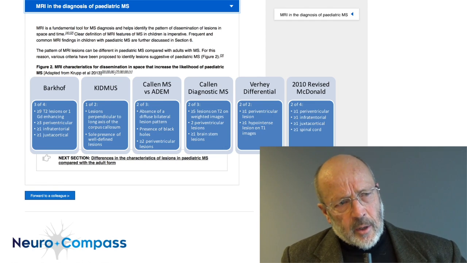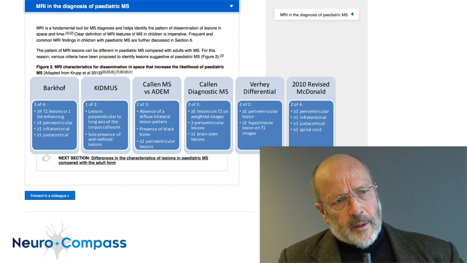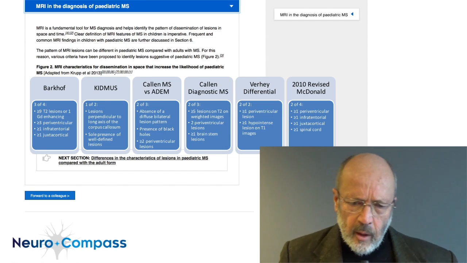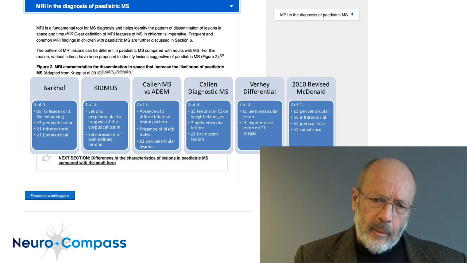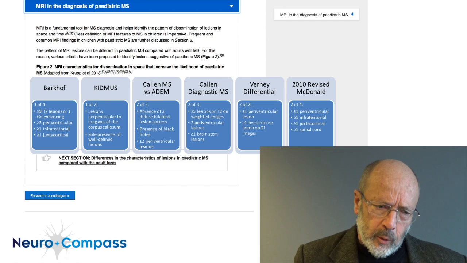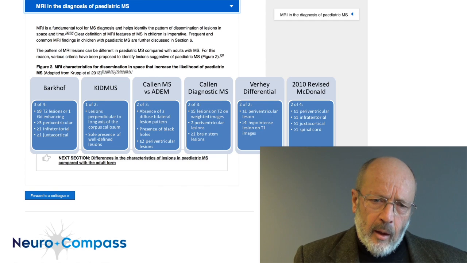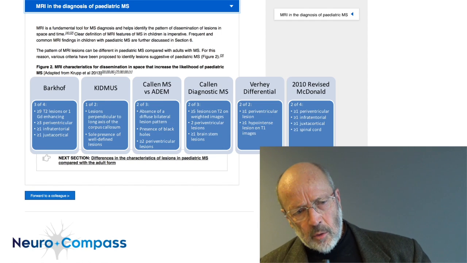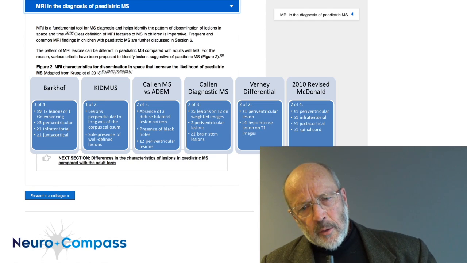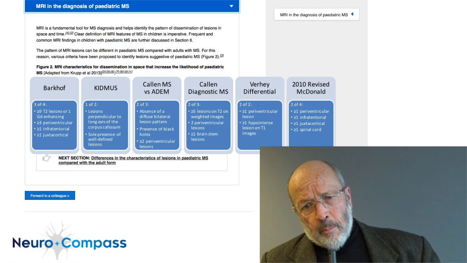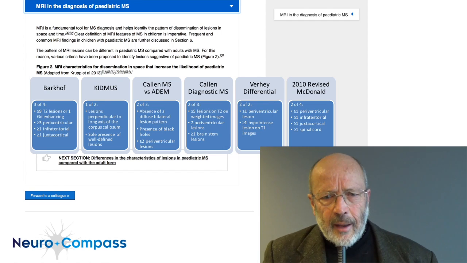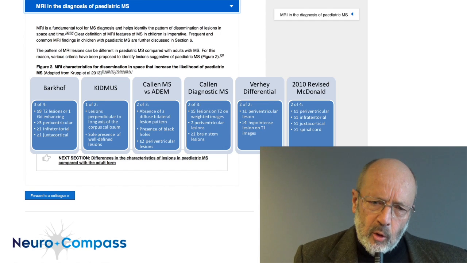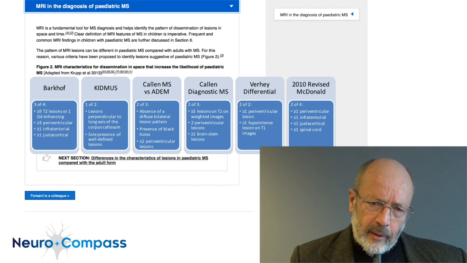And probably the criteria proposed by the Canadian group has been validated in the cohort of patients observed in Canada, but also has been validated in a European cohort, suggesting that if we find at least one hypointense T1 lesion or at least one T2 lesion, patients having this pattern have a high risk of developing multiple sclerosis, with a high sensitivity and a high specificity.